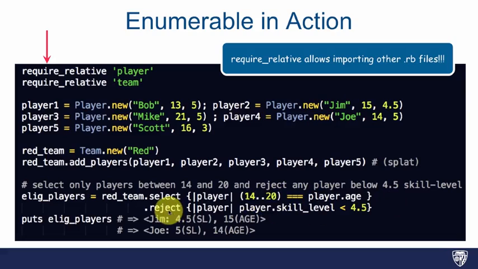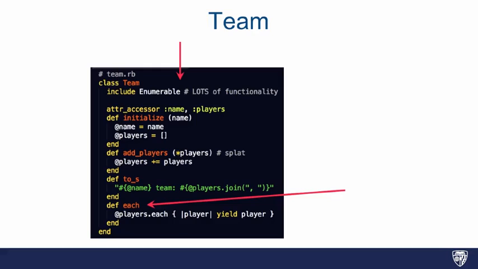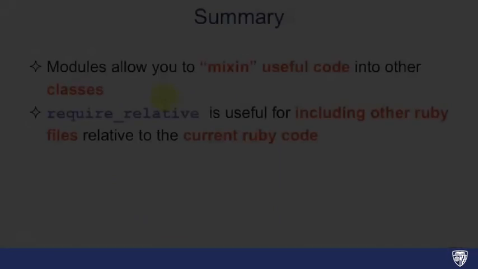And you could reject any player whose skill level is less than 4.5, and boom, you got your final result, which are the eligible players on the team. This is really powerful. We haven't really written any code. I mean, the Team class is really small. But because we import the Enumerable module, we get lots of functionality.